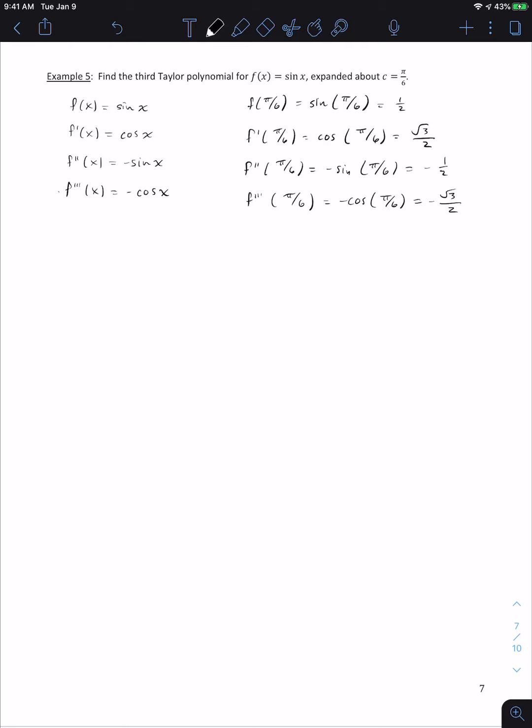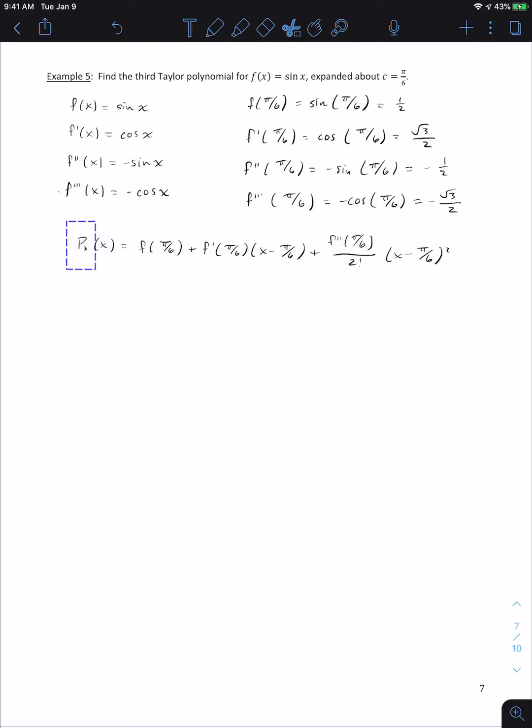Okay, so I want the third polynomial. So p sub 3 of x would be f of, where we centered at, pi over 6, plus f prime at pi over 6, x minus pi over 6, plus f double prime of pi over 6 over 2 factorial x minus pi over 6 squared.